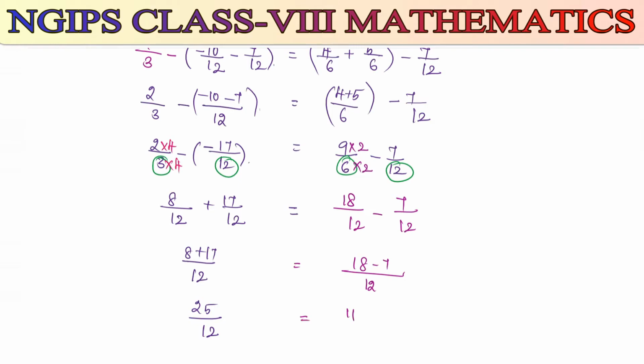11 divided by 12. Is the left hand side equal to the right hand side? No, it is not equal. Here we have 25 by 12, here 11 by 12. Both are not equal.